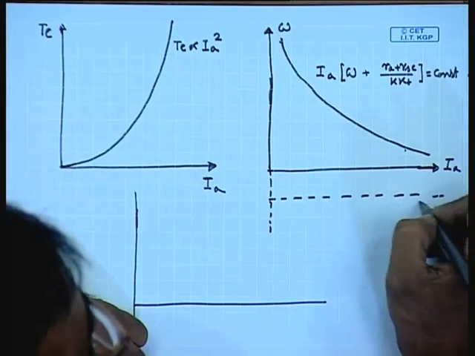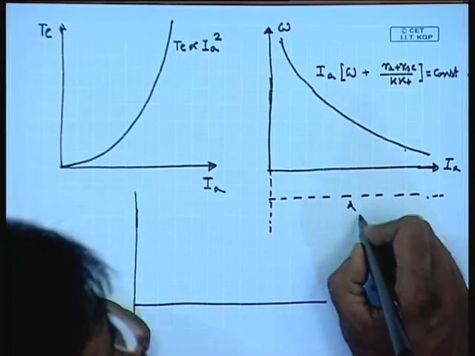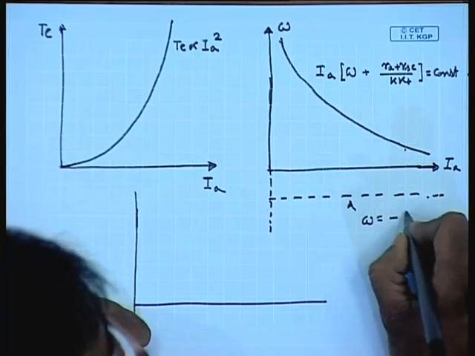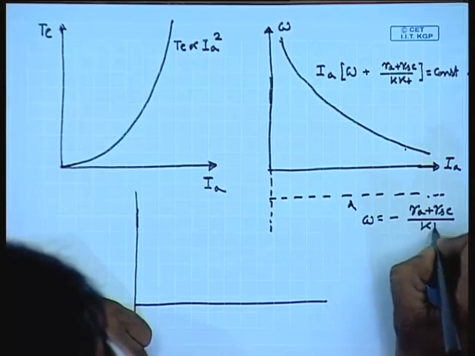This characteristics asymptotically approaches this line, which is omega equal to minus (R_a plus R_ac) by K k_f.